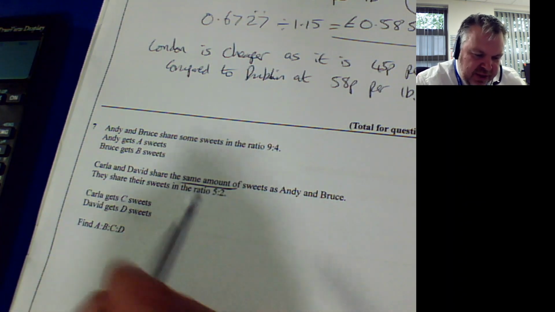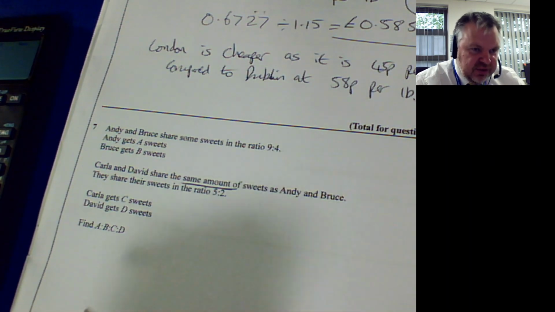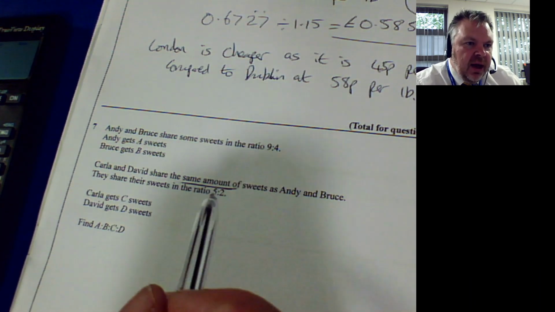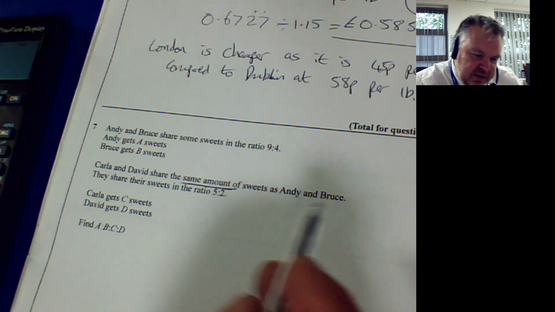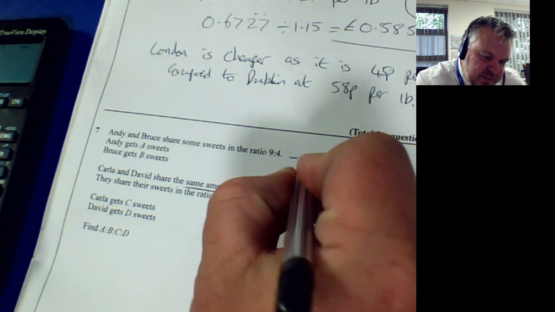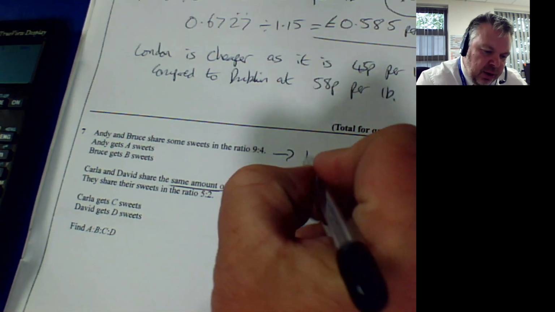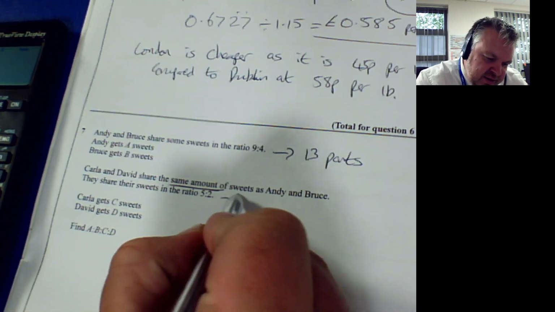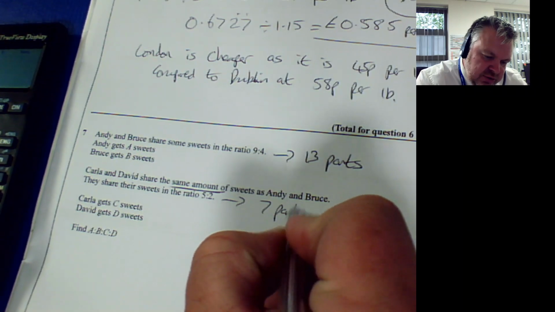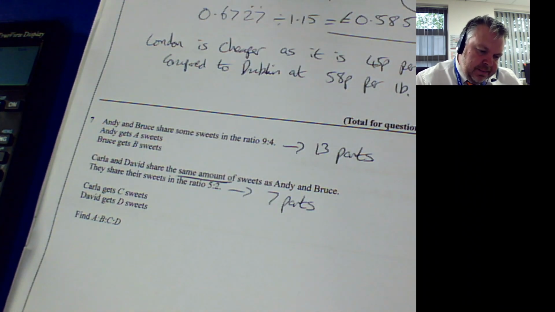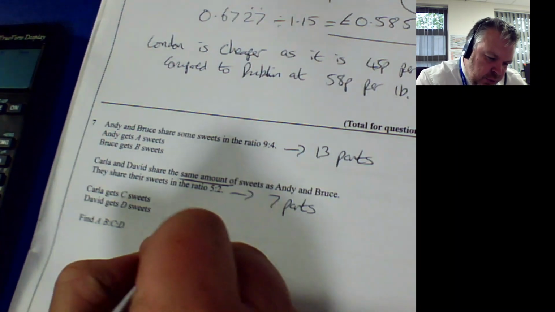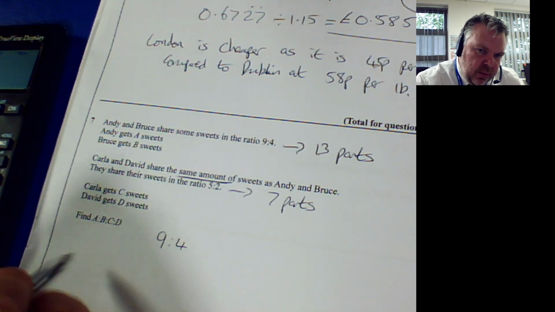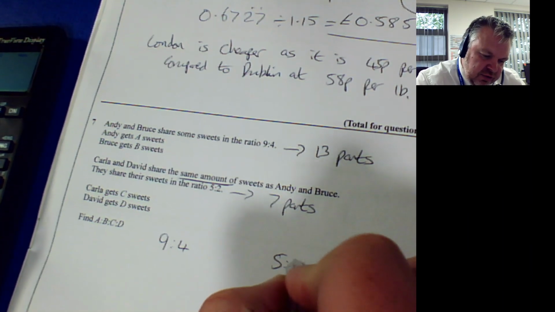I feel that the best way to do this is to scale them up to the same kind of proportions, and probably the best way to do that is to work out the number of parts. So again, we've got 13 parts here. This is 7 parts, and we've got 9 to 4, and we've got 5 to 2.